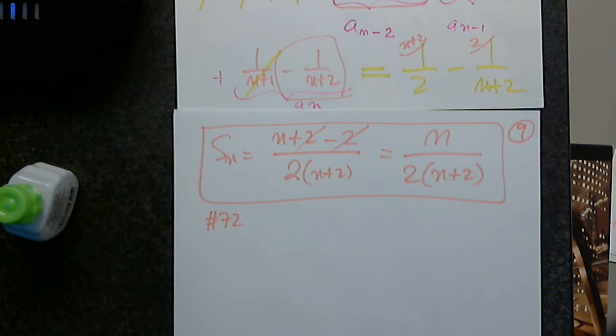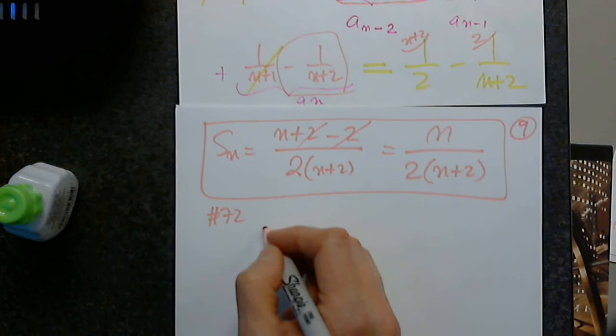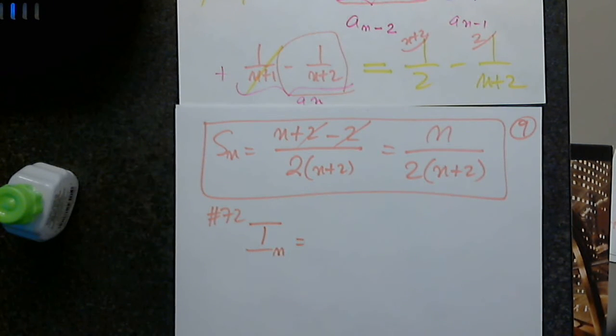Helen deposits $100 at the end of each month into an account that pays 6% interest per year, compounded monthly. The amount of interest she has accumulated after the end of month n is given by I sub n.